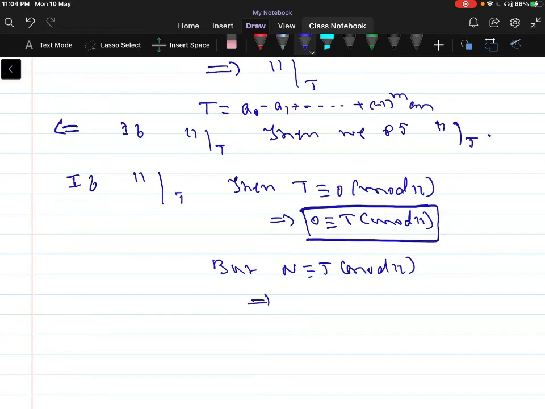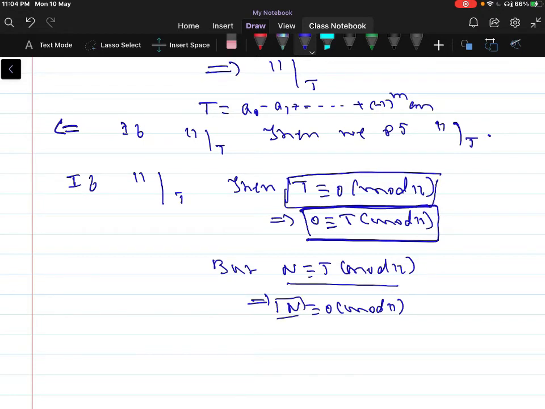This implies n is congruent to 0 modulo 11, because n is congruent to t modulo 11 and t is congruent to 0 modulo 11. So this implies 11 divides n.